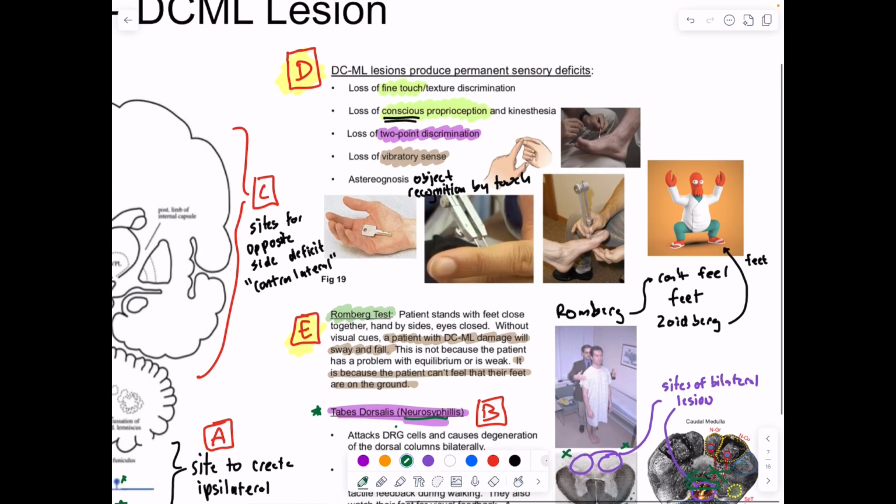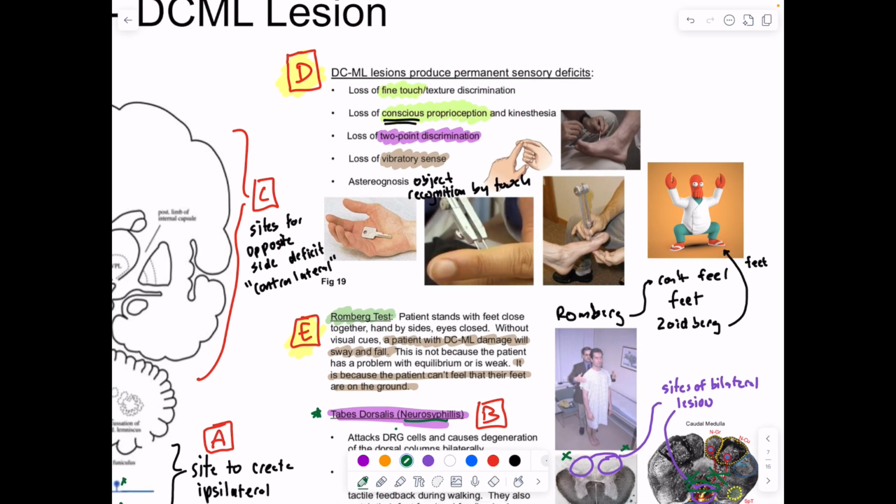Okay, so what happens if you have a lesion? Well, just think, what does DCML do? Loss of fine touch, texture discrimination, loss of conscious proprioception, and kinesthesia, which I believe is knowing where you are. So proprioception, and then 2-point discrimination, aka fine touch, loss of vibratory sense, and then astereognosis, which is recognizing objects by touch. Okay.